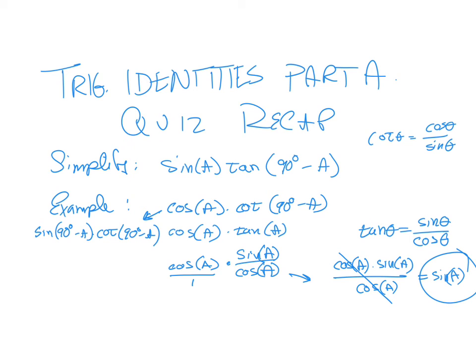And this identity is very similar to the one for tangent, except that this fraction is the reciprocal of that fraction. So tangent of theta and cotangent of theta are reciprocals of each other.